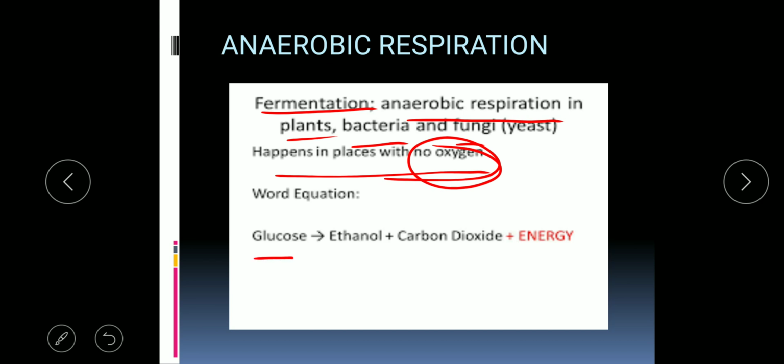The word equation is: 1 molecule of glucose, by incomplete breakdown in the absence of oxygen, gives 2 molecules of ethanol, 2 molecules of carbon dioxide, and 2 molecules of ATP.